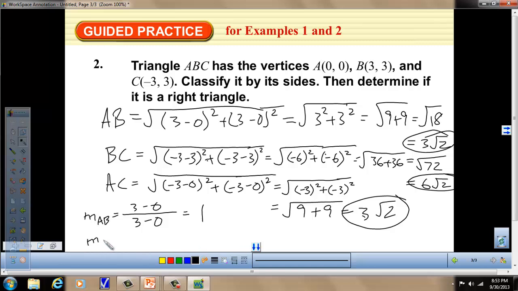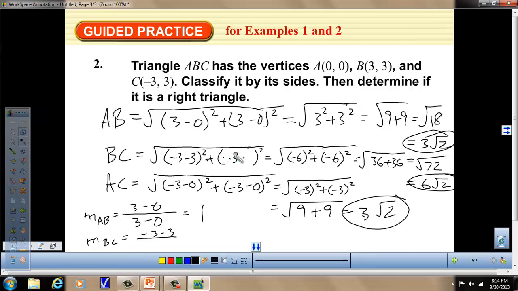For BC, it's going to be negative 3 minus 3. Oops, I'm sorry, I messed up there. Let's see. I made a big mistake. So we had negative 3 minus 3, and then 3 minus 3. Sorry about that. It doesn't really make a difference.